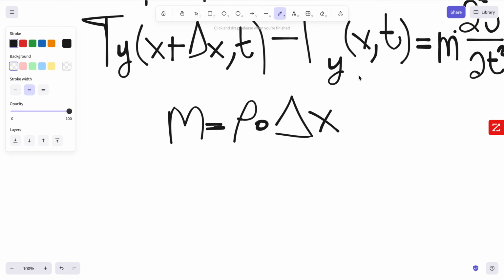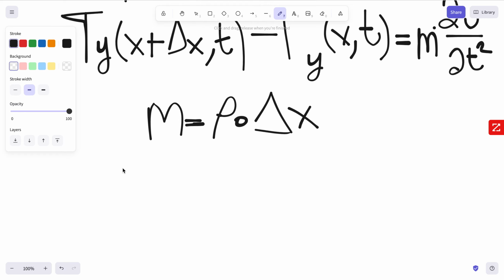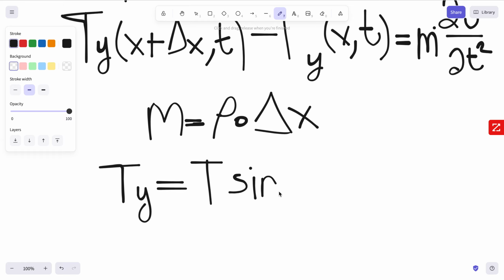Then, T sub y can be described using trigonometry, and we can say that it's just the tension force times sine of that angle, theta.